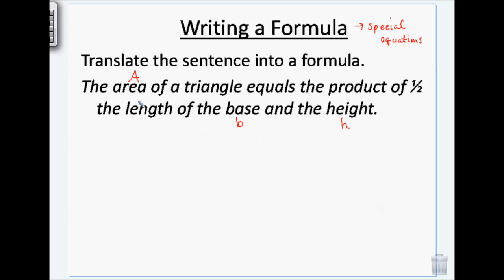We're going to translate this sentence into a formula for the area of a triangle. The area of a triangle, that's A, equals the product of 1/2 the length of the base and the height. So it's all products, so it gets multiplied together.